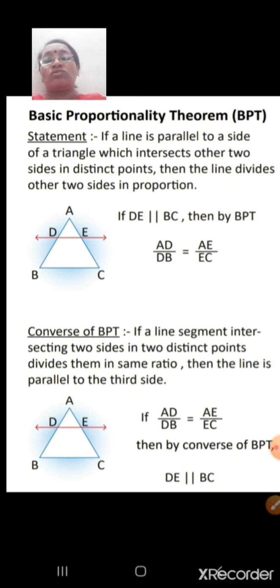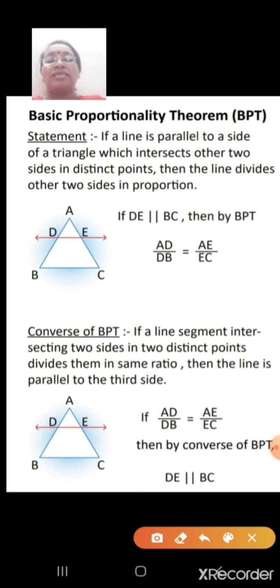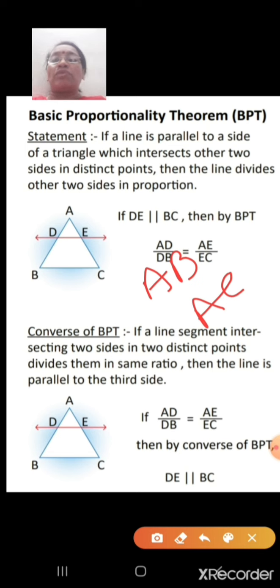Which are the two sides? AB as well as AC. This line which intersects those two sides at the points D and E divides these two sides in the same ratio.